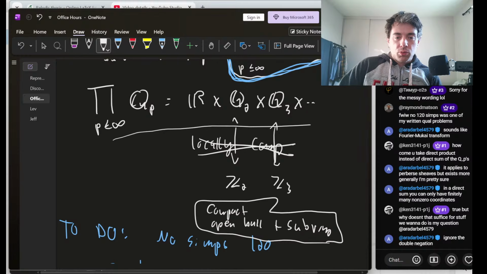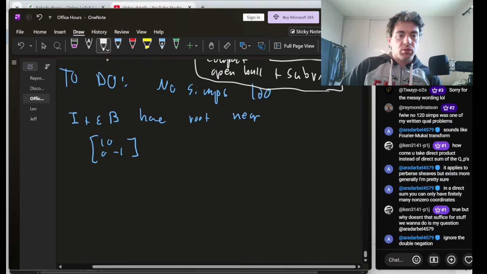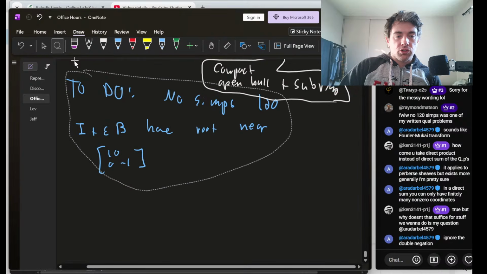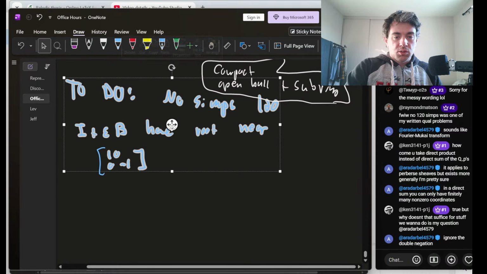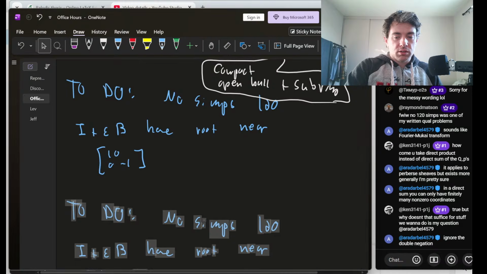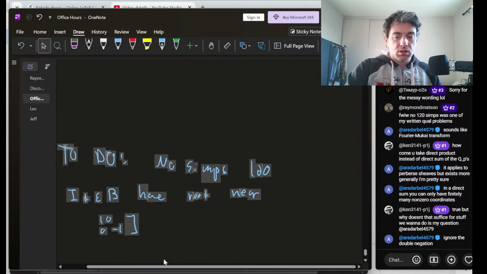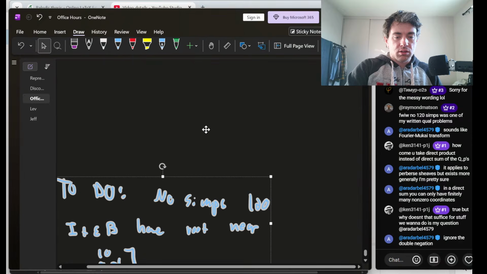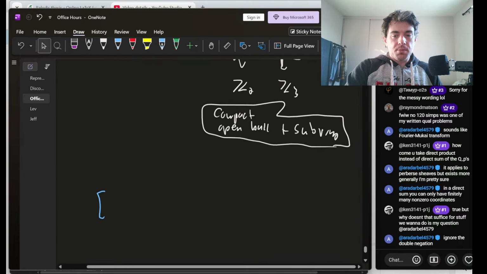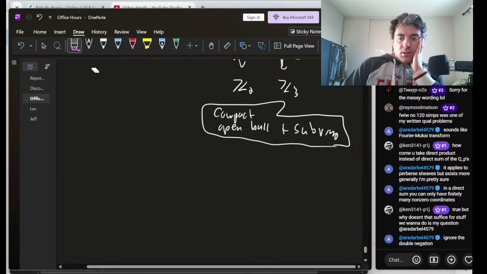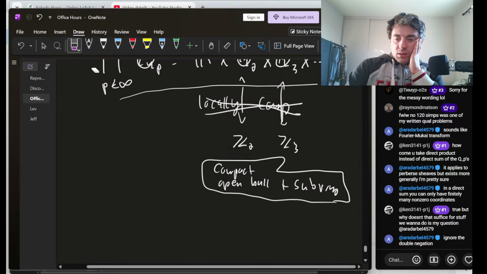And so we fix the failure to be locally compact by making the following definition. Let me just move this bad boy down here a little bit. Ignore the double negation.